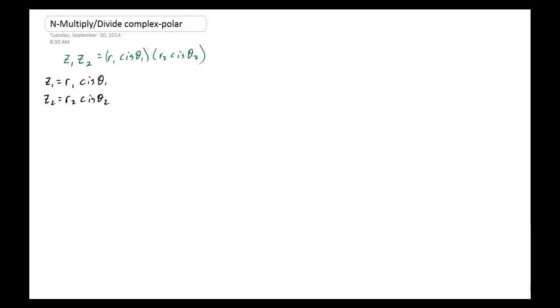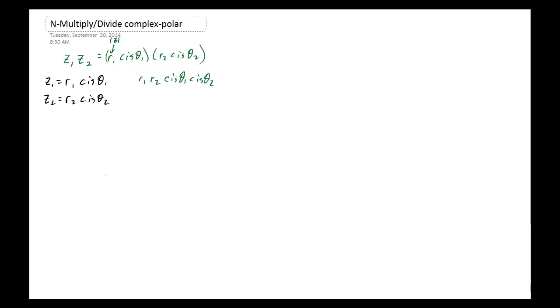Now, obviously we can multiply those. We end up getting r1 r2. Now remember, r is just the magnitude of z, and theta is the argument there. So we've got r1 r2 cis theta 1 cis theta 2.